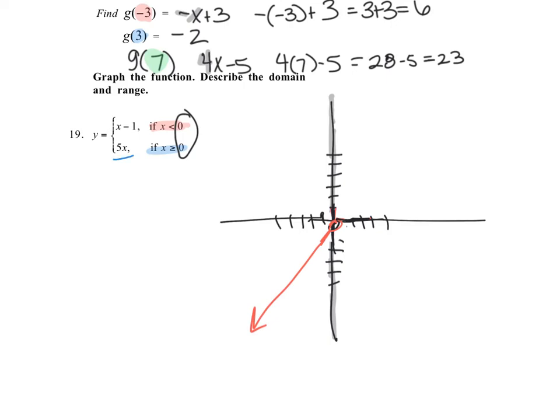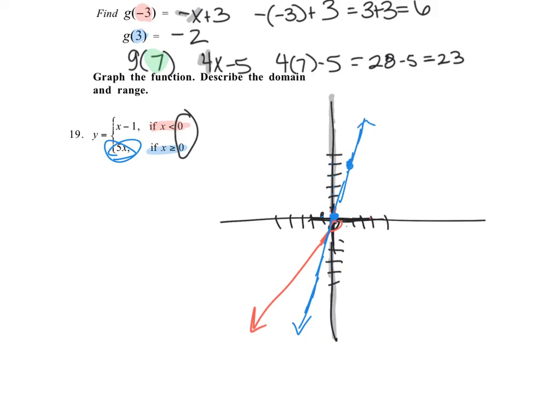Then 5x starts at 0, 0. So this graph here is at negative 1, and 0, 0, my axis is getting all messed up here. I'm going to have a solid circle there. And it goes up 5 and over 1. And I only want the positive part of the graph.